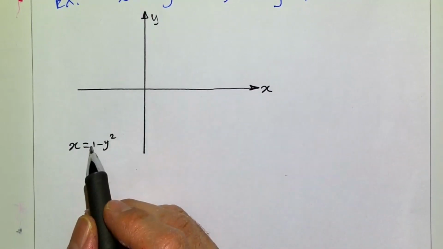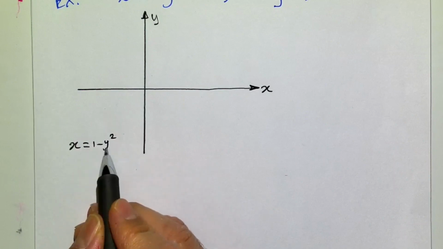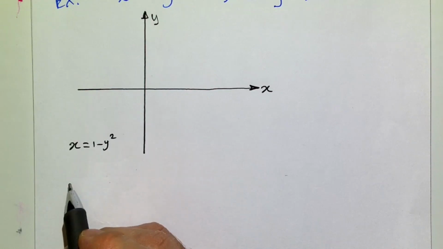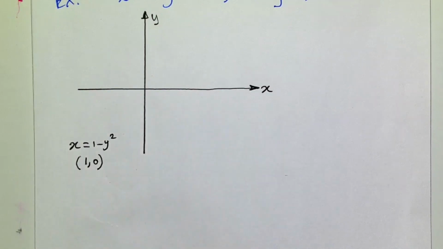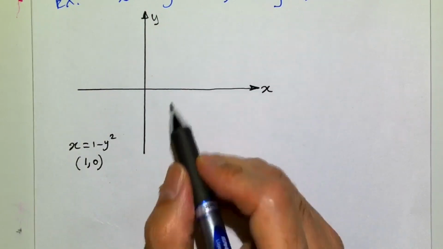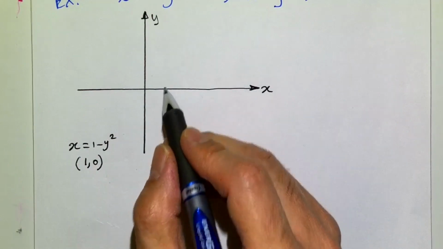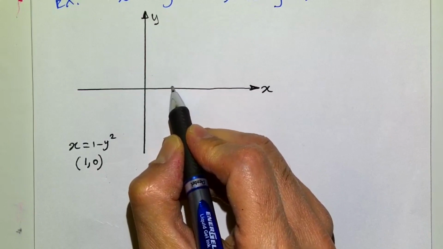Finding the x-intercepts for this, that would mean if we substitute y with 0, what do we get? We get x equals 1, so we have 1 comma 0 as the x-intercept. Let me mark that somewhere here, like that.